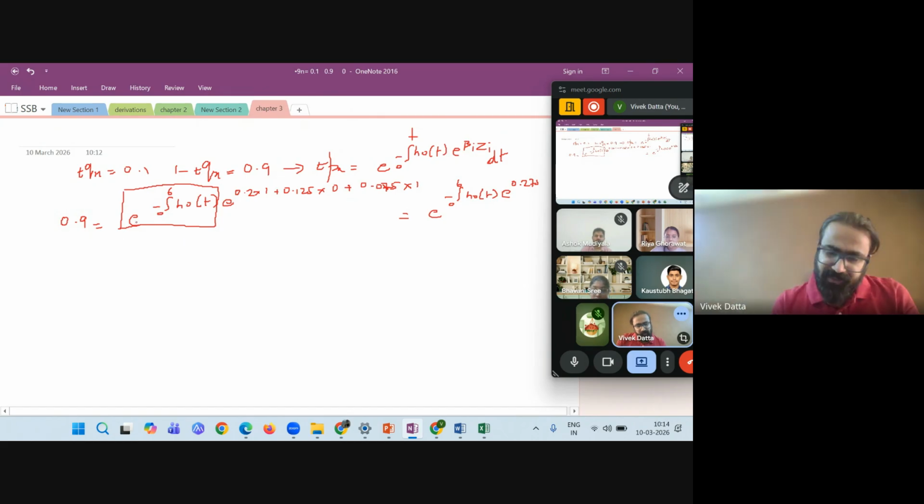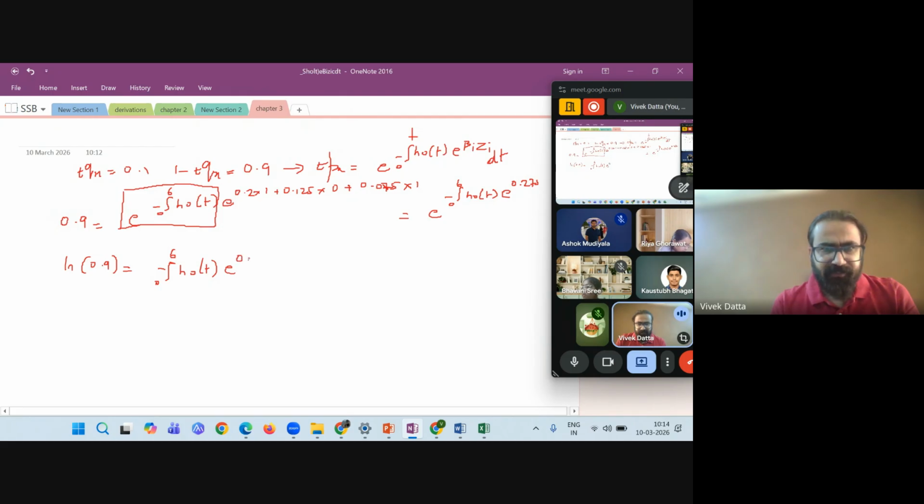Now, taking logs on both sides, I have ln of 0.9 is equal to the integral from 0 to 6 of h naught t, e raised to 0.275.